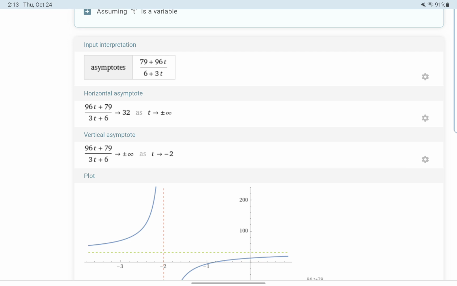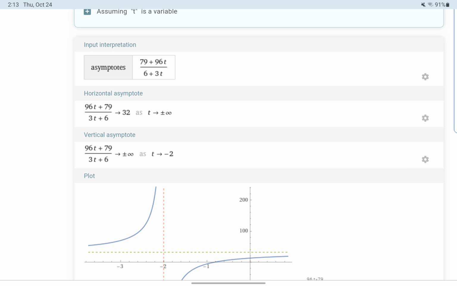We're told that on the right-hand side here, or after that as statement, when t is approaching positive or negative infinity, our function value is approaching 32. So that's x approaching positive or negative infinity. In this case, that variable is just t.